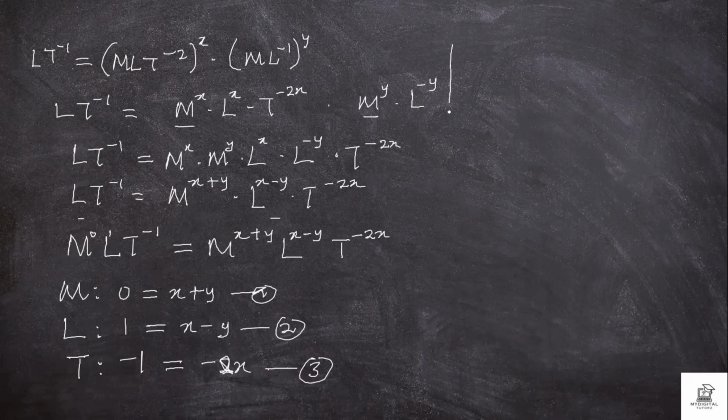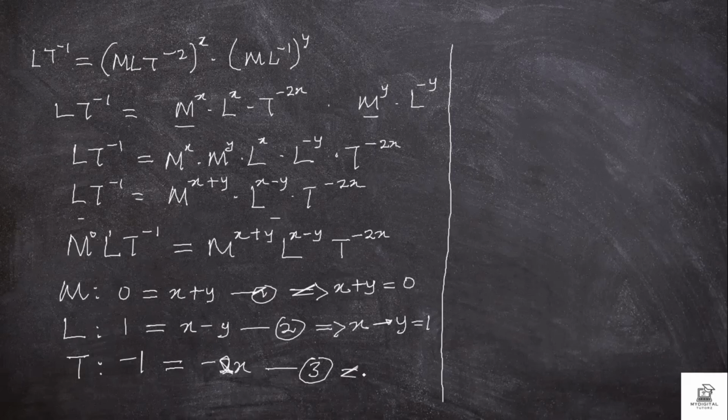So having done this, the next thing is to find the value of x and y. From equation 1, we have that x plus y is equal to 0. And from equation 2, we have that x minus y is equal to 1.